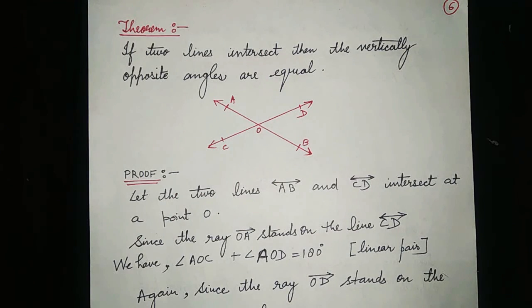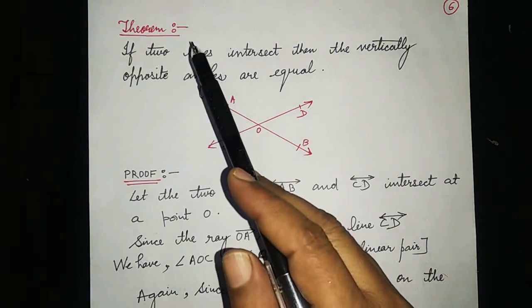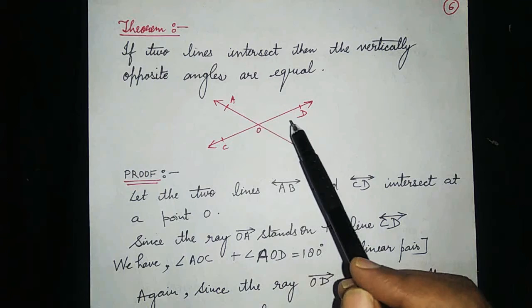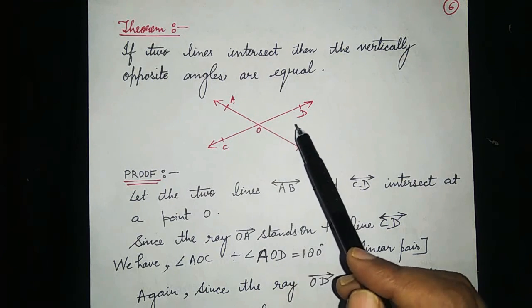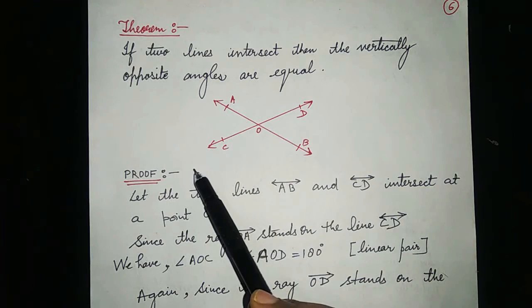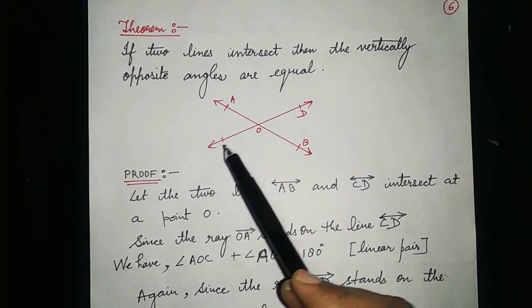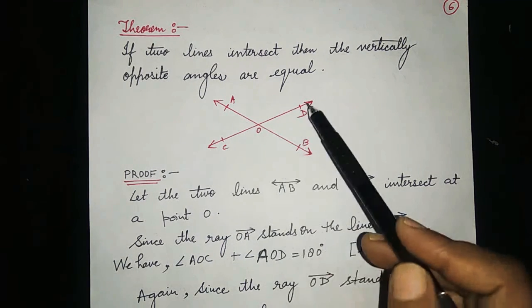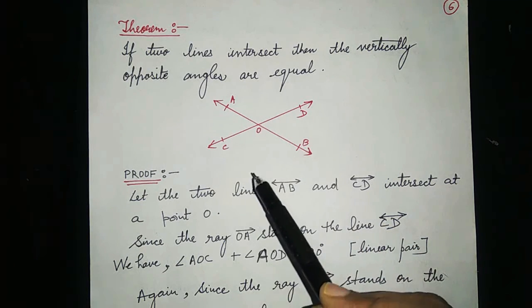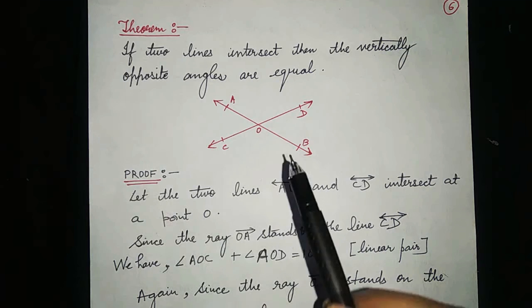Now see the theorem which I am going to explain to you. The theorem is based on vertically opposite angles. This theorem tells that if two lines intersect each other, then vertically opposite angles formed are equal. Here you see the proof of this theorem.